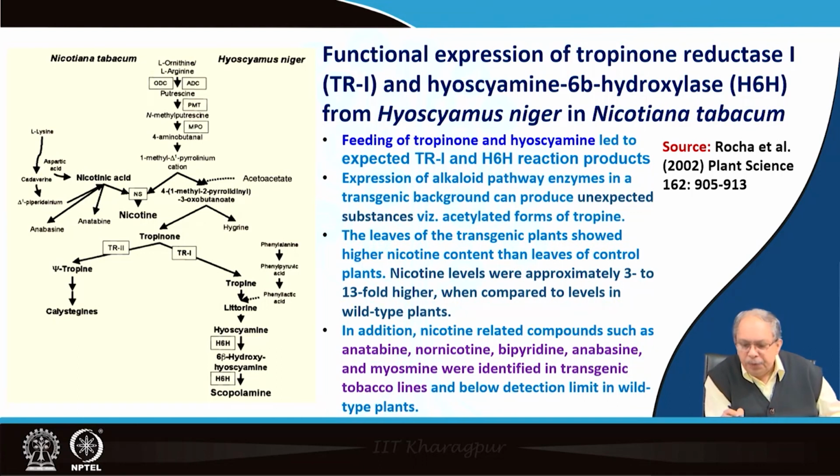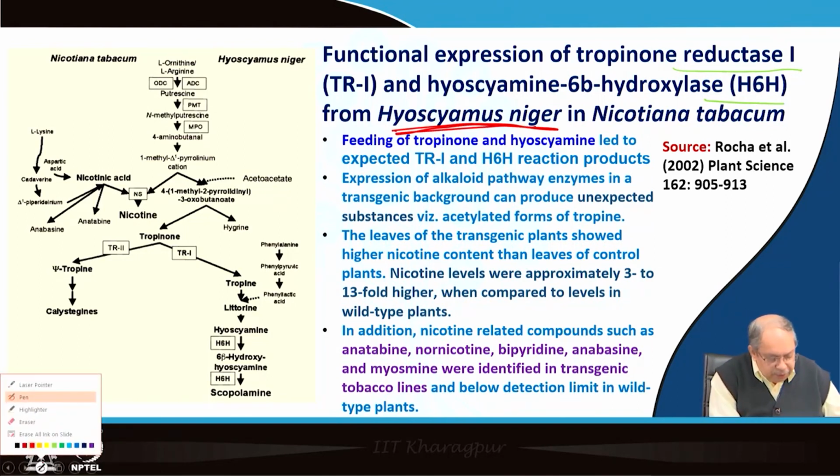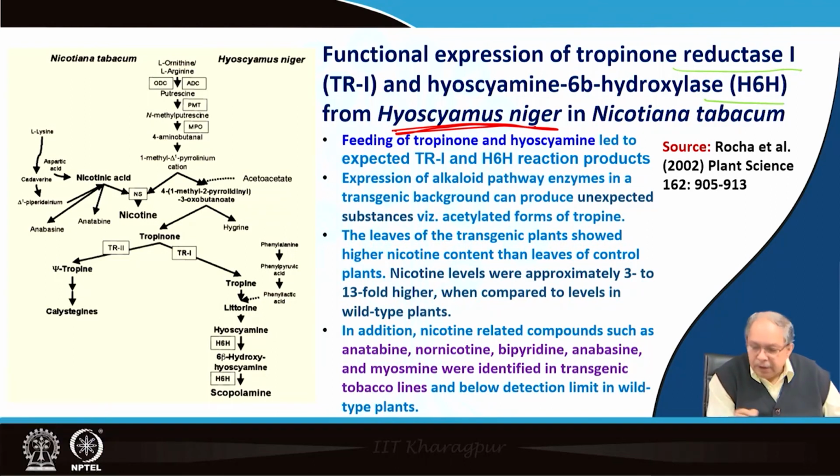So, what is this? The functional expression of tropinone reductase 1 and hyoscyamine 6 beta hydroxylase from Hyoscyamus niger in tobacco. That means the source plant is Hyoscyamus niger and your target plant is Nicotiana tabacum.